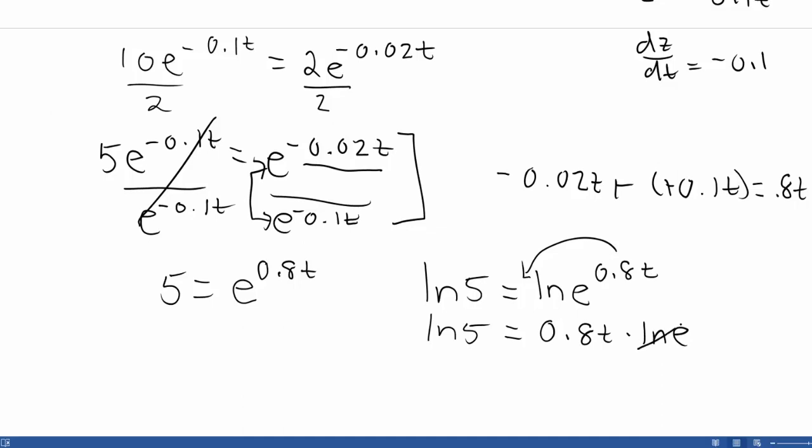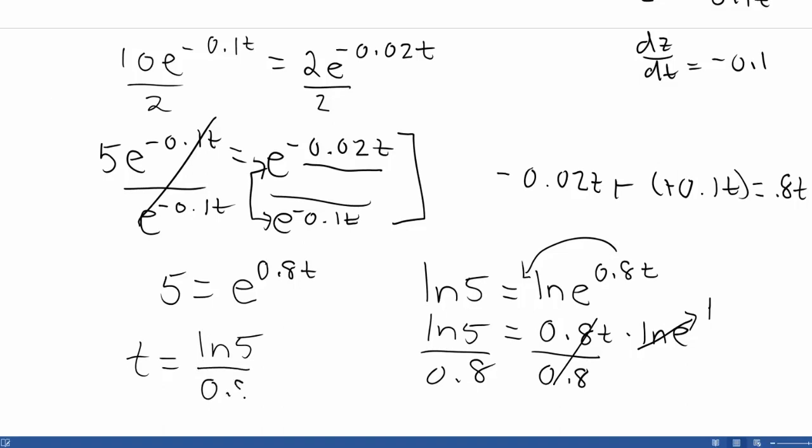But remember, the natural log of e just equals 1, and anything times 1 is just itself. So now I can divide both sides by 0.8. That leaves me with my final answer here of t equals the natural log of 5 divided by 0.8. So that's my critical point. That's the value of t which is going to make the first derivative equal to 0.